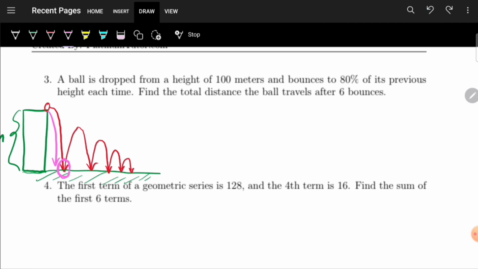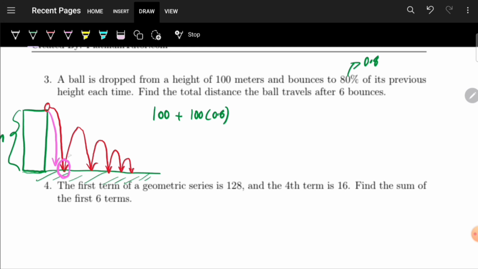So let's write down some numbers. First we drop 100 meters, and then we bounce back up to 80%, which is 0.8 in decimal, of the previous height. So that's 100 times 0.8.